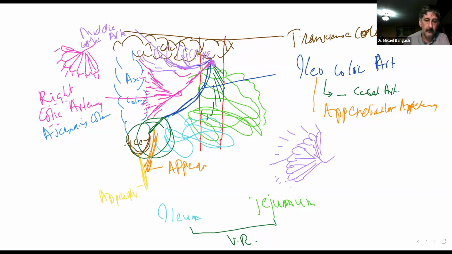And what we can say is that these lower branches here will meet or unite with your right colic artery. Did that make any sense?